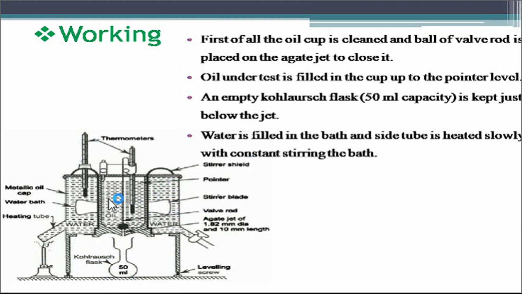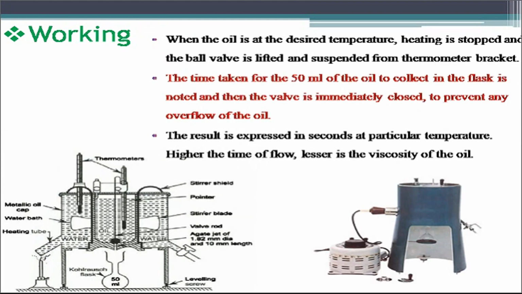Water is filled in the bath and the side tubes, look at here, these side tubes are slowly heated at constant temperature. First the water will get heated and then that temperature passes through the oil. As soon as the temperature of water increases, oil temperature also rises.